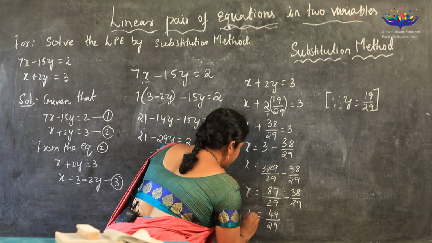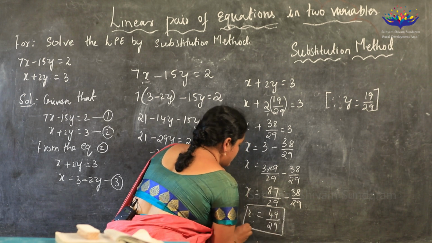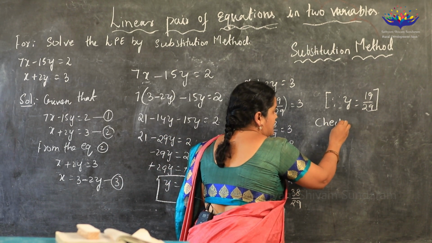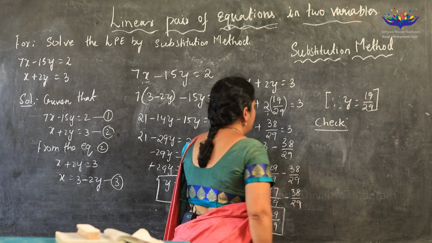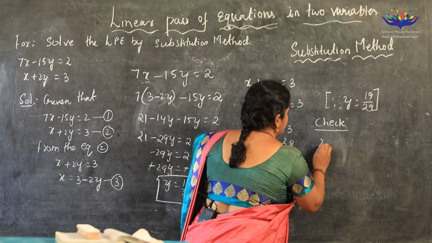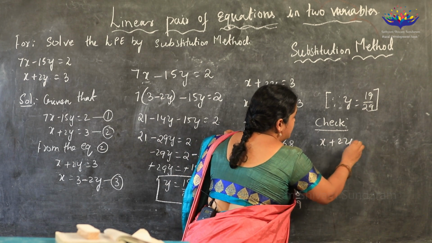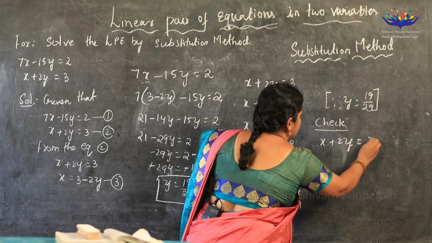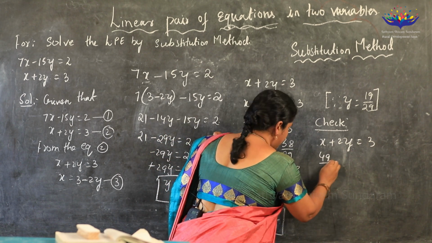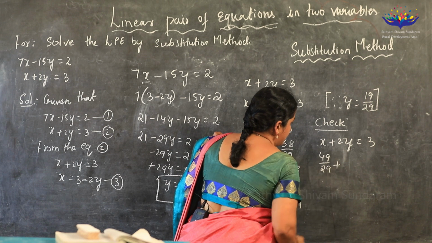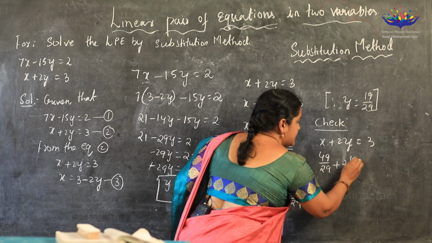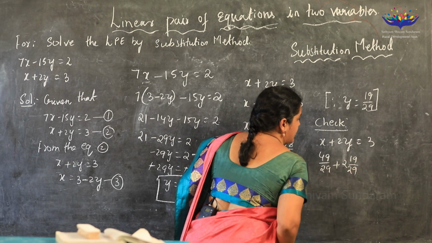Now verify this. How do you check? I will take the first or the second equation. I will take the second, x plus 2y is equal to 3. So x is 49 by 29 plus 2 into y, that is 19 by 29.